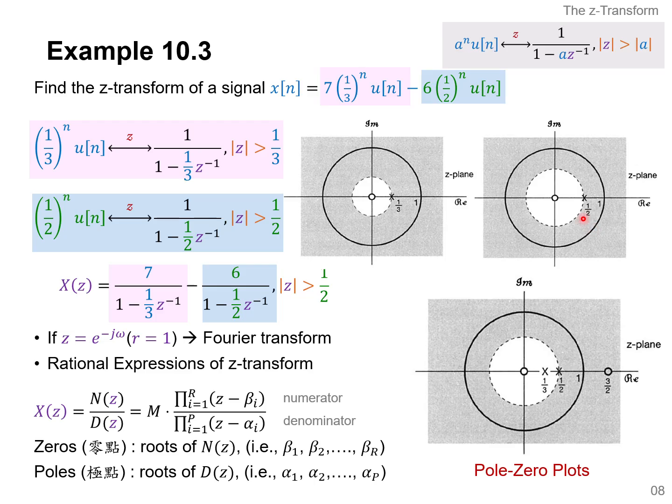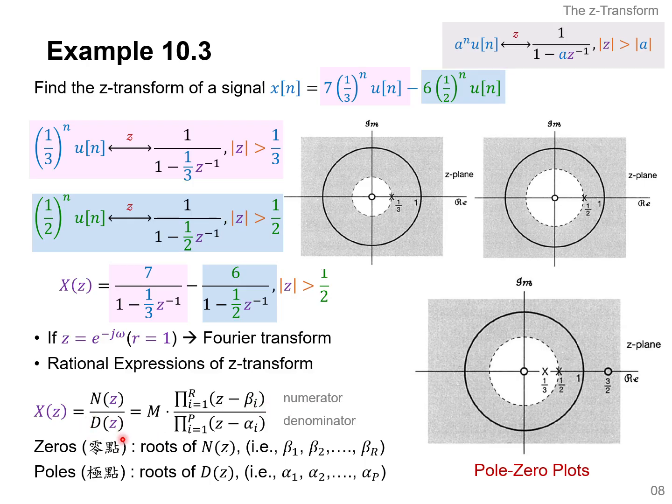So the z transform of the full signal is a subtraction of these two. The ROC is the magnitude of z larger than 1/2. We can write the z transform as a rational function. Here N of z, the numerator, gives the zeros of X of z.